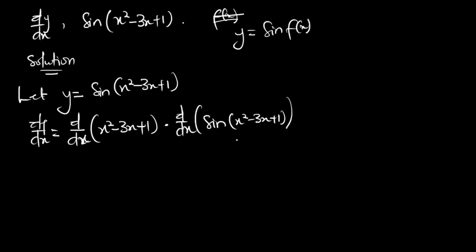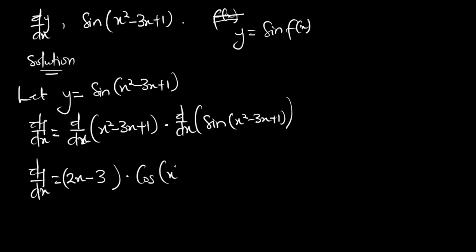Alright, so it means my dy/dx is equal to, if I differentiate x squared, I get 2x, minus, if I differentiate 3x, I get 3. If I differentiate 1, I get a 0. So it's just 2x minus 3. Then multiplied by, if I differentiate sine, I get just cos.